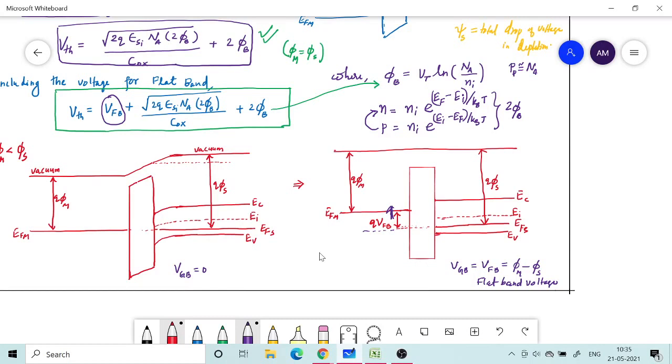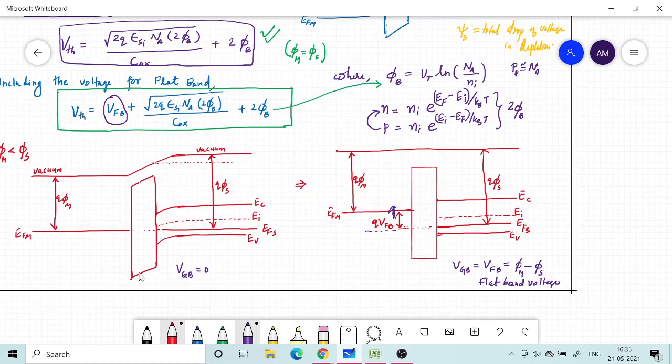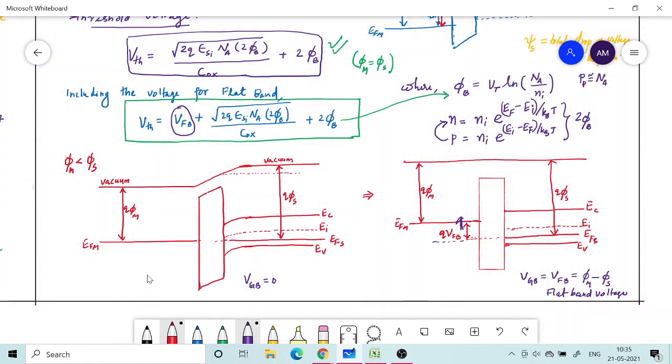So here I have shown the threshold voltage for the case where phi m is less than phi s. That is what we set out finally to derive. What I have presented to you is the derivation of the threshold voltage for both the case of phi m equal to phi s and phi m less than phi s.